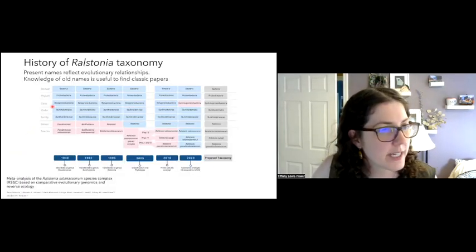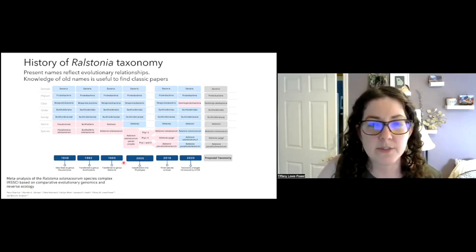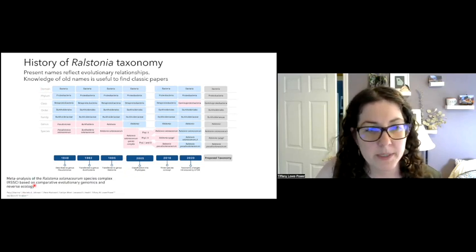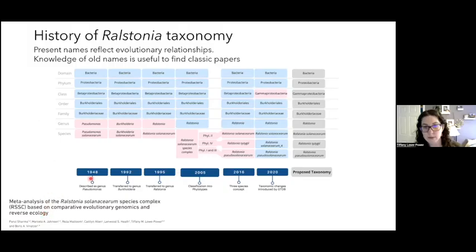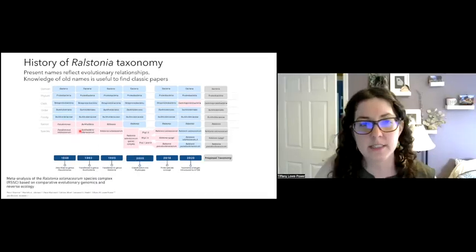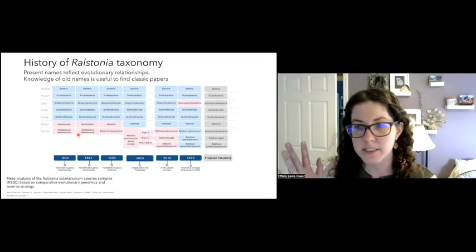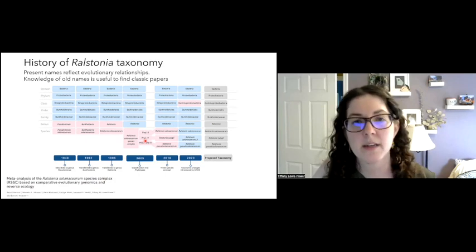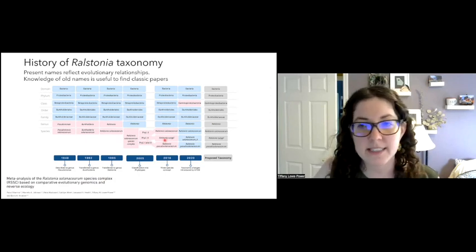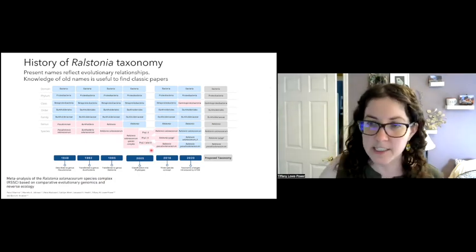And I just want to highlight this really nice figure that Prul Sharma put together in a collaboration paper between Boris Vanitzer's group and myself. And it just really nicely demonstrates the taxonomic changes of Ralstonia over time. My personal take on taxonomy is that it should reflect evolutionary relationships.